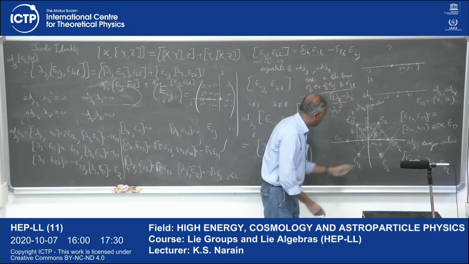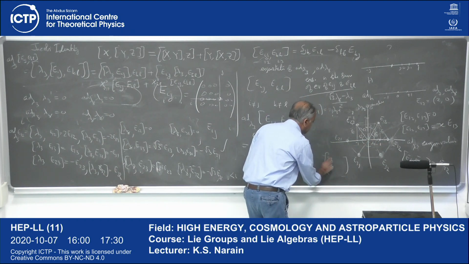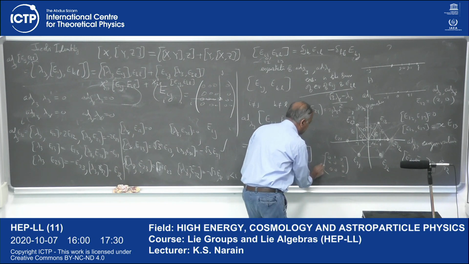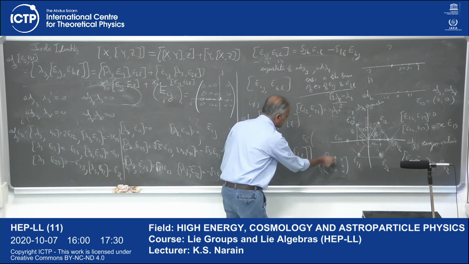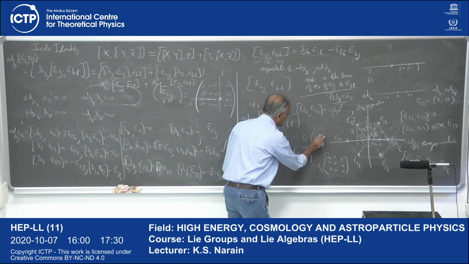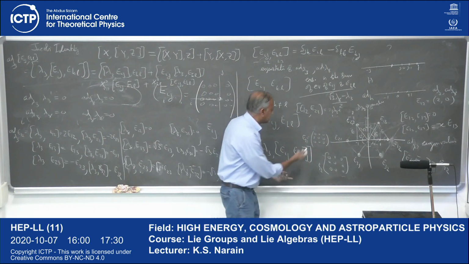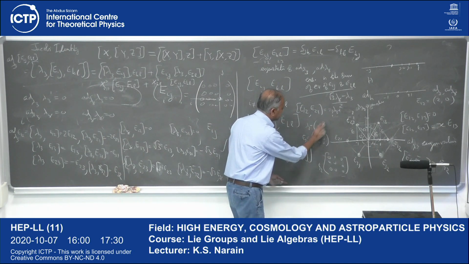E12 was 0, 1, 0, 0, everything else 0. E21, on the other hand, was the transpose of that. And lambda 3 is again the top block.